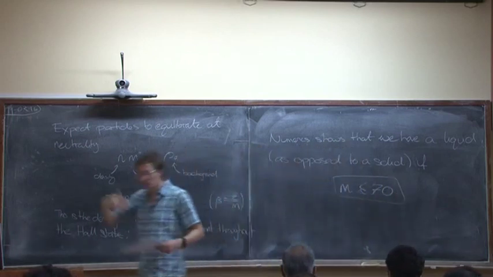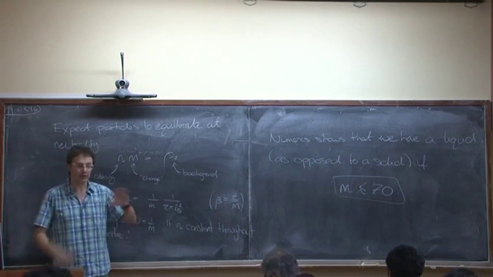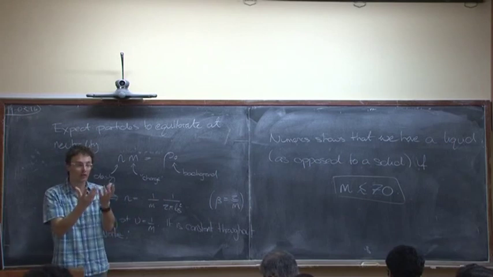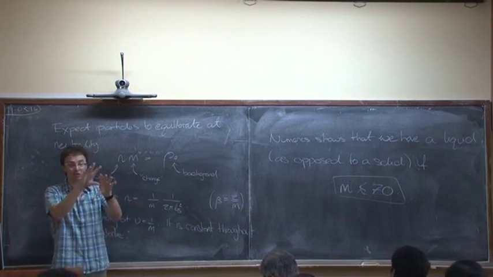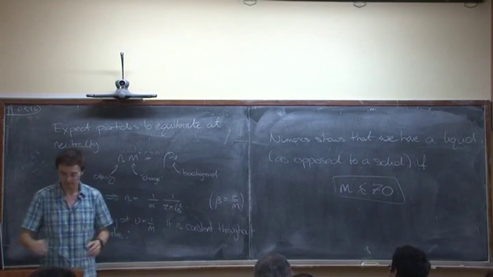Okay. Which means that for all the Laughlin states we're interested in, M equals 3, M equals 5, we're clearly in the plasma phase, not in the solid phase, and this Laughlin wave function is describing correlations between objects that are like a liquid rather than like a solid.